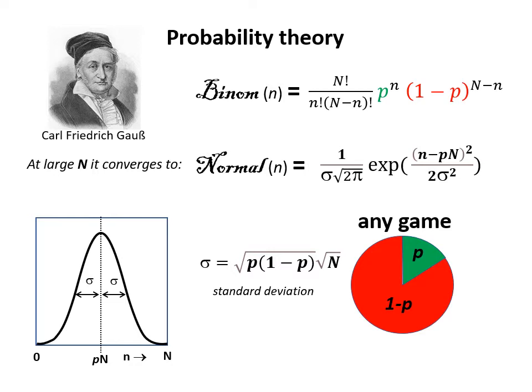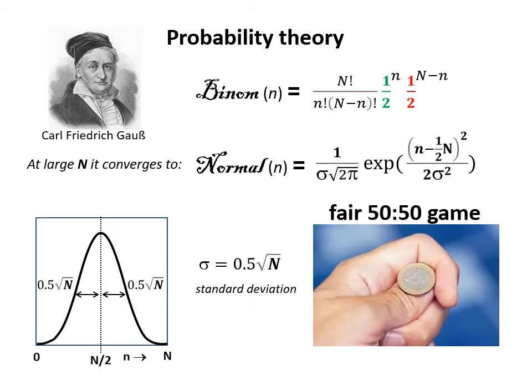The Gaussian curve has actually only two parameters: the middle point and the parameter sigma, which is called the standard deviation. And this sigma defines the width, the spread of the Gaussian function. Both the middle point and the standard deviation for a Gaussian are quite easy to calculate.